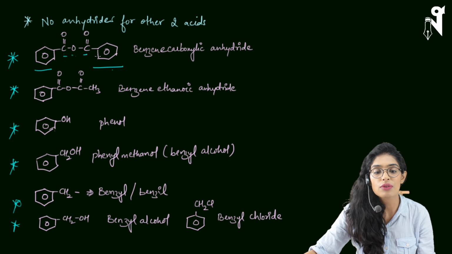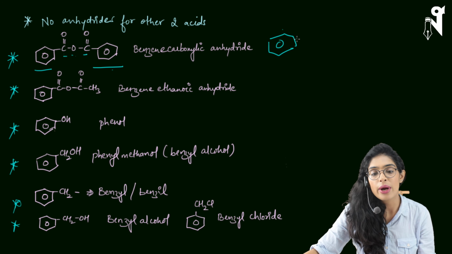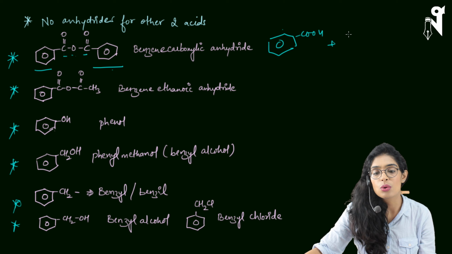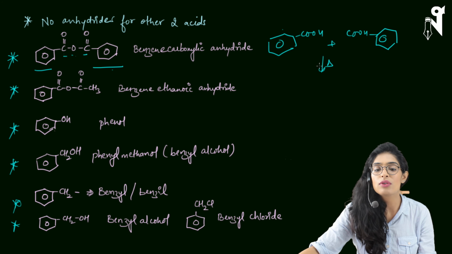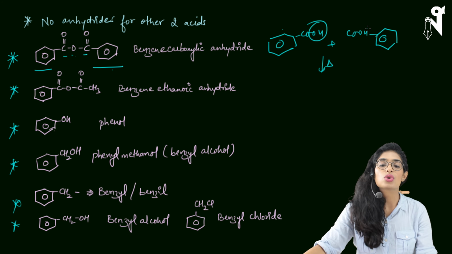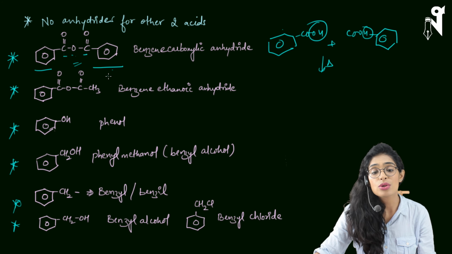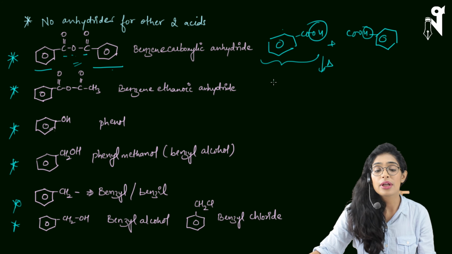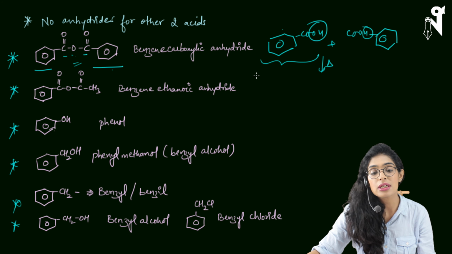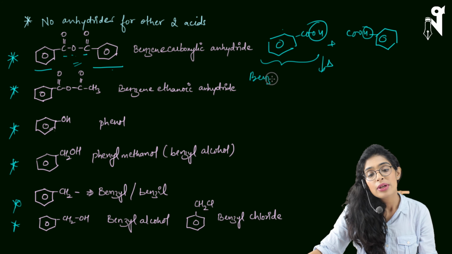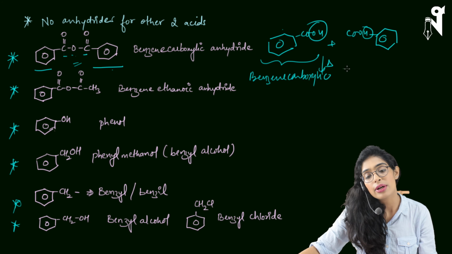Basically COOH and another COOH on benzene would have been heated together or dehydrated together. One would have lost H and another would have lost OH, and they would have combined, and that's how the anhydride would have formed. Now the name of the acid is benzoic acid or benzene carboxylic acid, and that's why the anhydride name is benzene carboxylic anhydride.